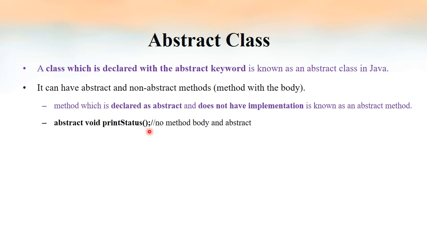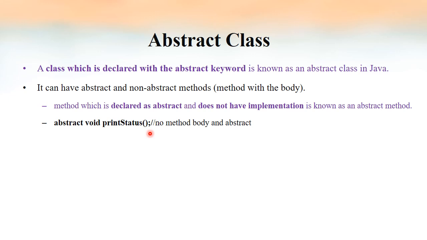In Java as well as in C programming, a semicolon means the end of that line. So here the semicolon means the method ends here, and there is no body for this method. It has only the method name and return type, and in this case no parameters, though it is possible to write parameters inside the parentheses. But since it is declared abstract, I cannot include a single line of code in its body. Such methods are known as abstract methods.